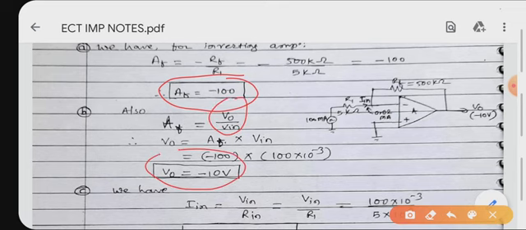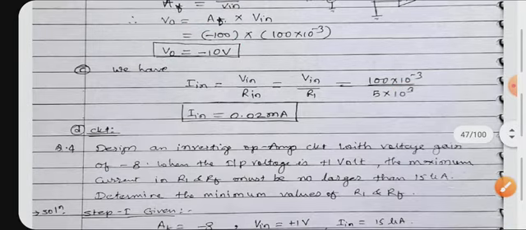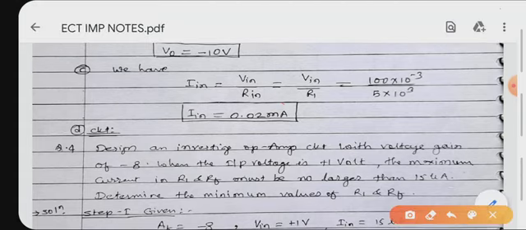So you will get the value of output voltage which was asked in the problem. Also, I in is nothing but Vin by R in. By using this basic formula, you will get I in equal to 0.02 milliampere. And finally, you should draw the circuit diagram. Here I have not drawn it, you have to draw this in the exam.